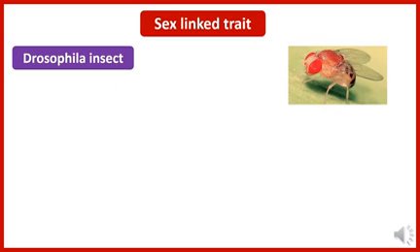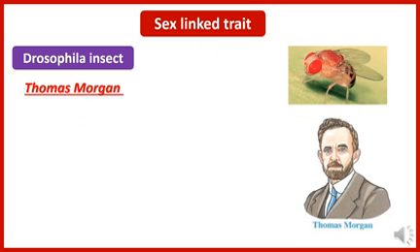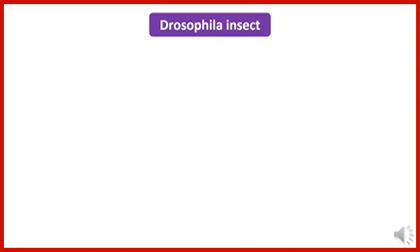Let's now take the first example of a sex-linked trait, the Drosophila insect. The sex-linked trait in Drosophila was first discovered by the scientist Thomas Morgan. He was studying the inheritance of the eye color of the Drosophila insect.